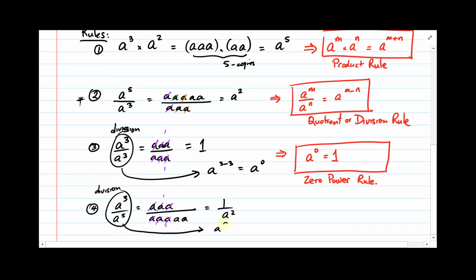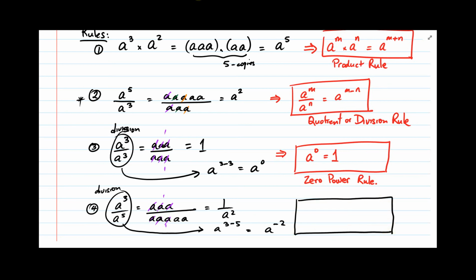So if I apply my division rule, I get a to the 3 minus 5, which is a to the negative 2. So let's look at that a little bit more. I'm saying here that a to the negative 2 is 1 over a squared.